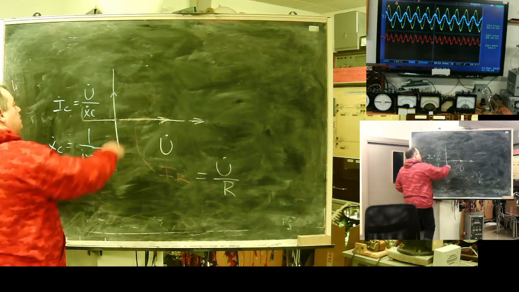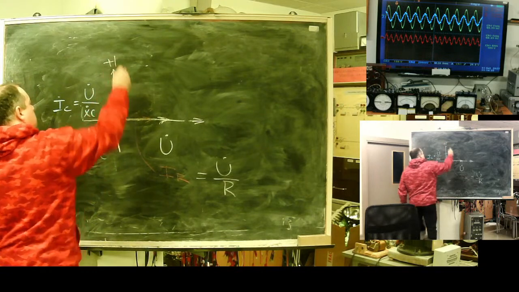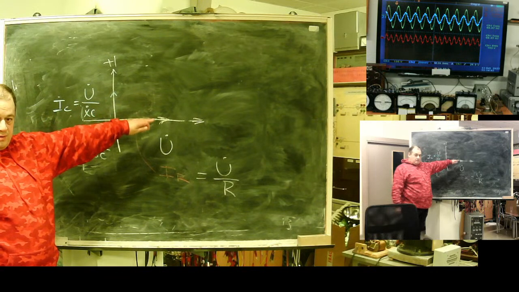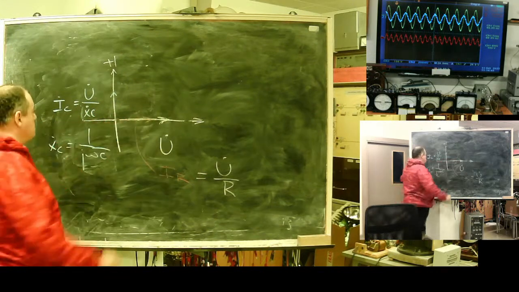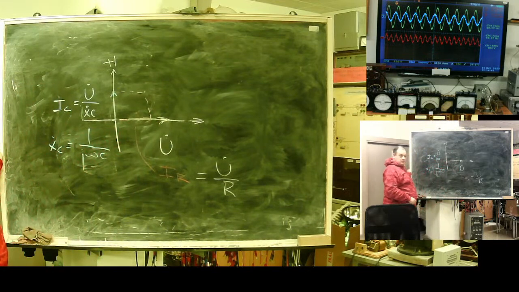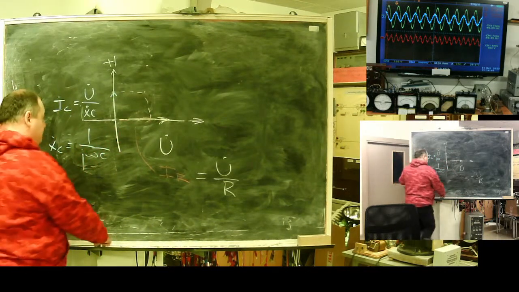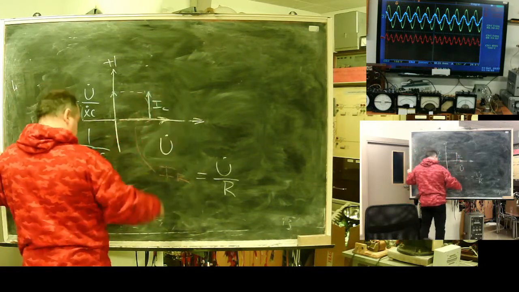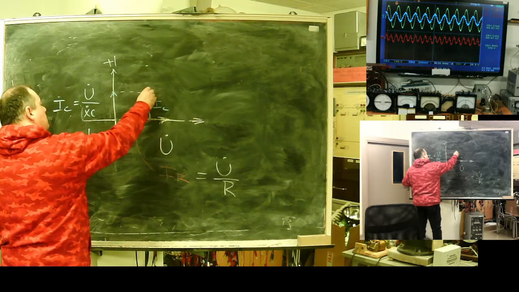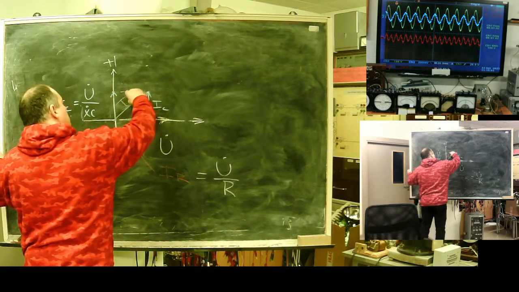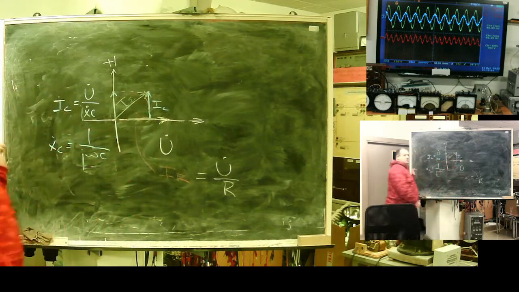Now, what will be the sum of them? How do we sum vectors? Here is the summary current.